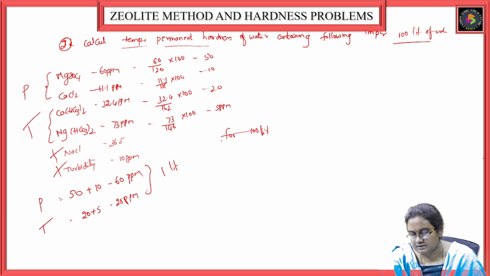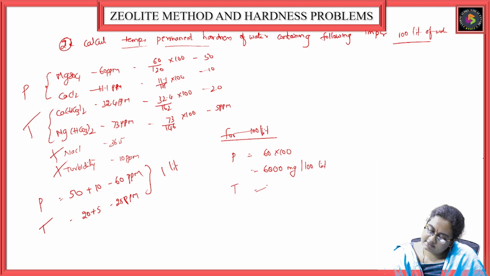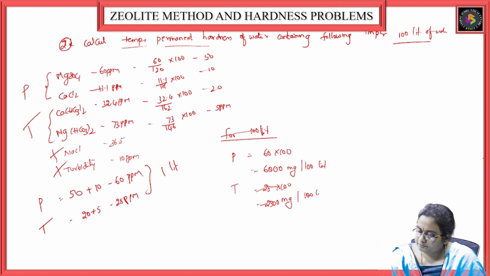For 100 liters, permanent is 60 into 100, which is 6000 milligram per 100 liters, and temporary is 25 into 100, which is 2500 milligram per 100 liters.